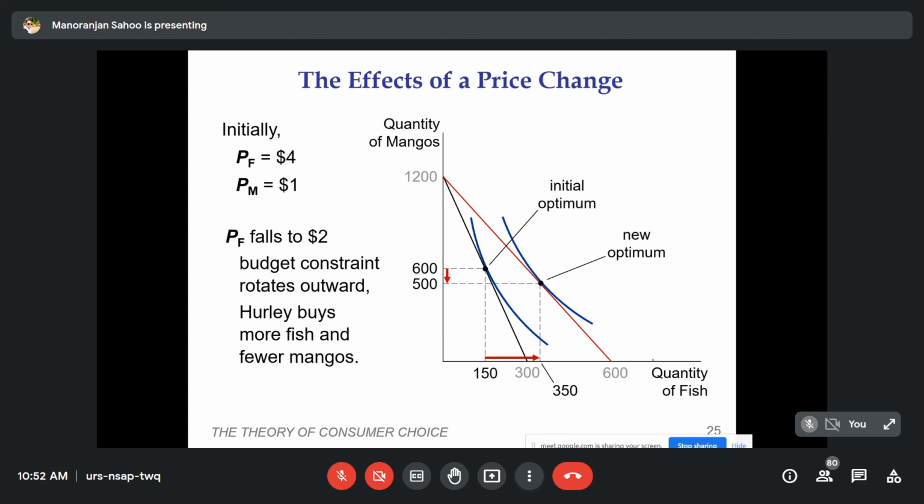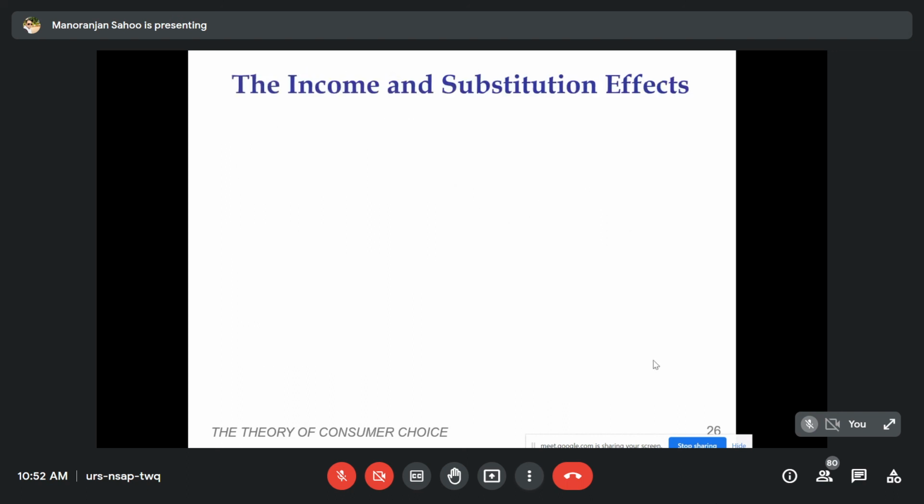Because mango will be relatively expensive, when the price of fish reduces, not only will demand for fish increase, but demand for mango will also reduce. So how is it happening?